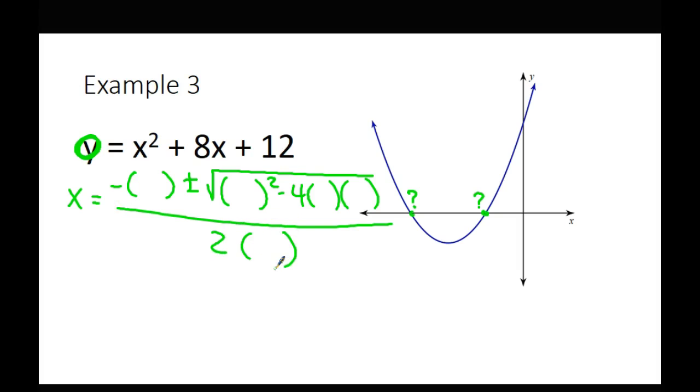So my b is 8, my a is 1, my c is 12. Okay, so 64 take away 48.